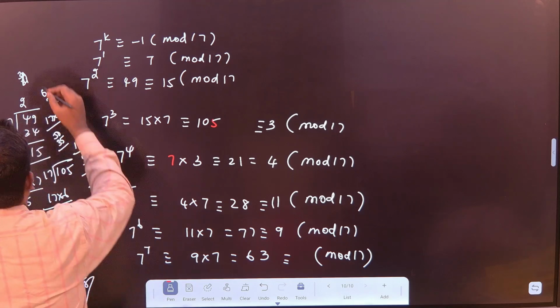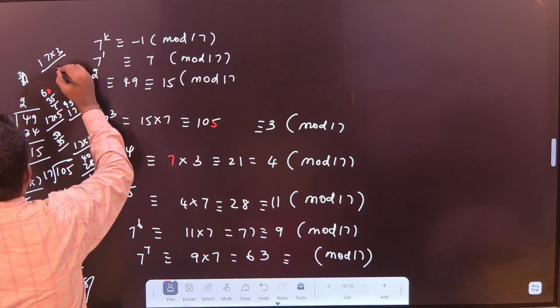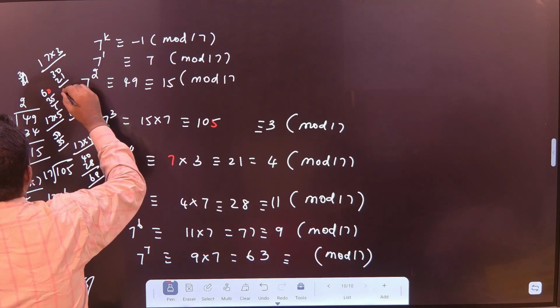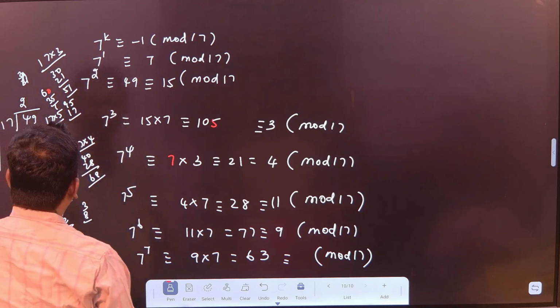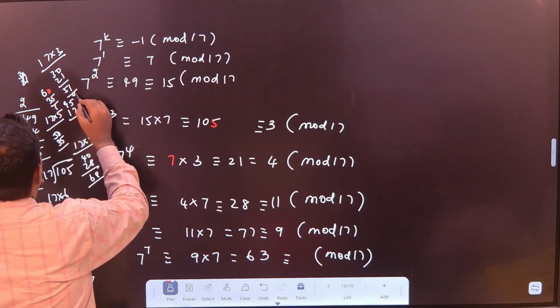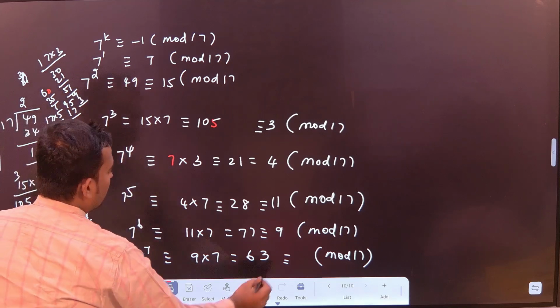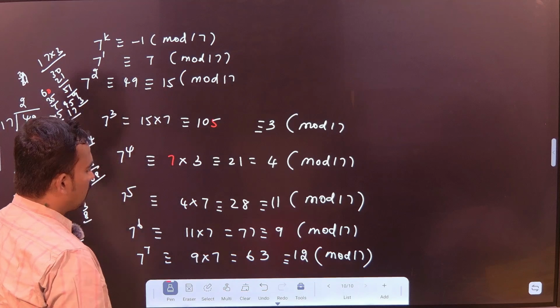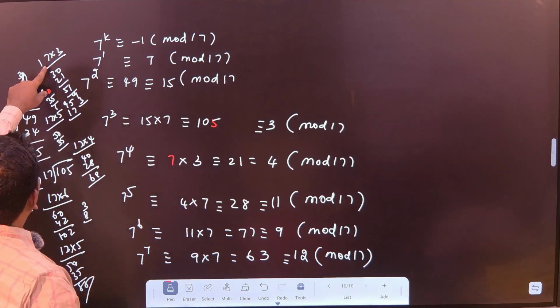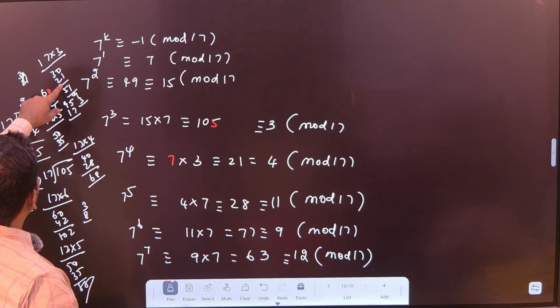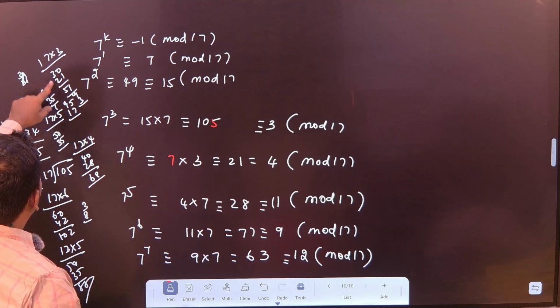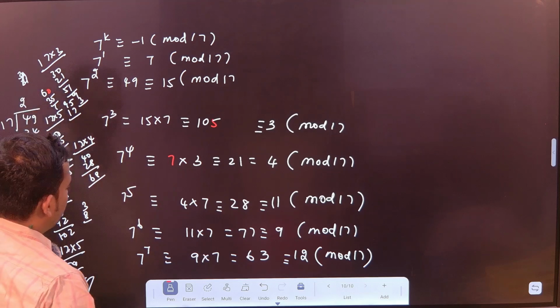That means 3 only possible. 17 into 3 is what? 30, it's 51. 51, here will be 9. There is 3. That will be 12. 12 is the remainder. Check it once. 30, it's 21, is 51. Yes, correct.